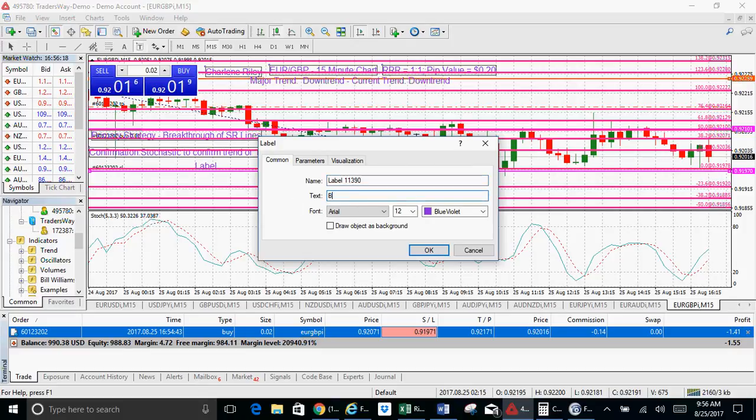I had the breakthrough at resistance 0.92071.